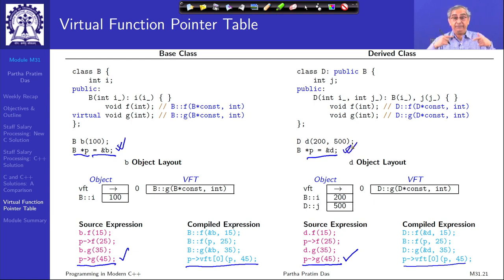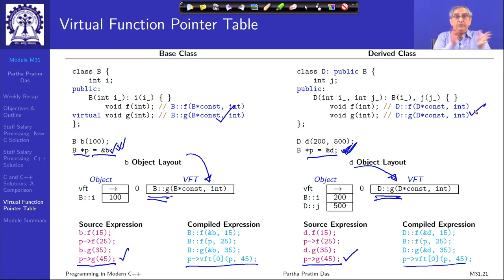But at runtime, if P points to a B object, the VFT is this one, which calls the B colon colon G function. Whereas if at runtime P is pointing to a D object, your VFT is this one, which has D colon colon G, and it calls the function of the D class.